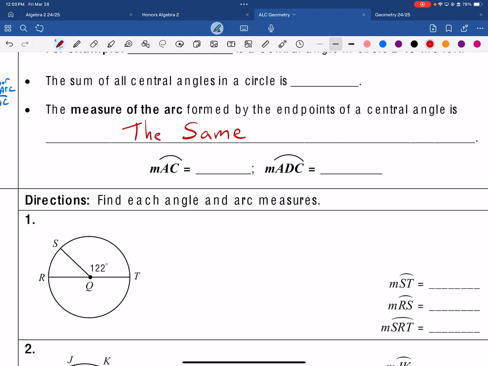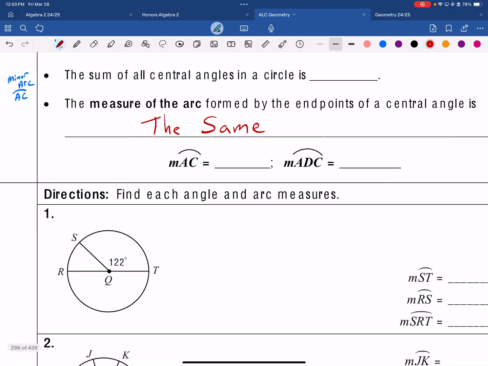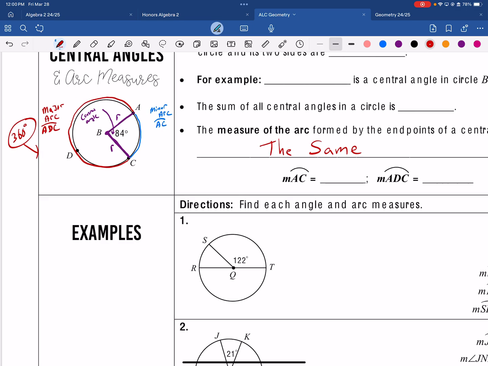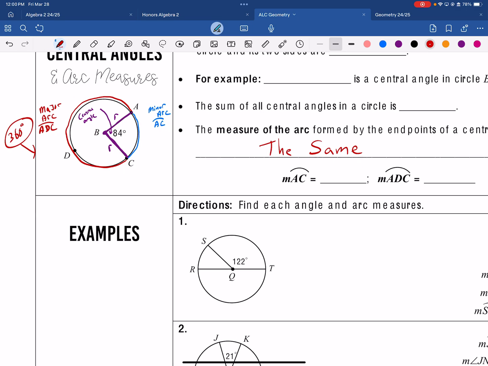We also talked about the sum of the central angles in a circle. A circle is 360 degrees, so the central angles are going to be 360 degrees. If we look at this drawing over here, arc AC right here, that arc measure is going to be the exact same thing as the central angle that created it.